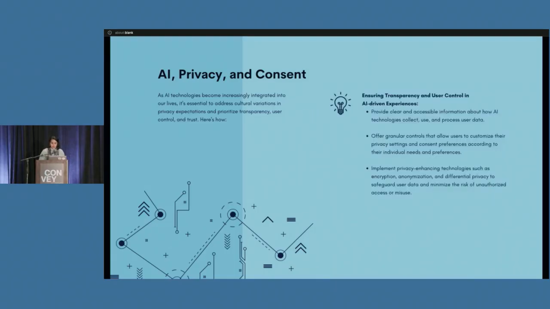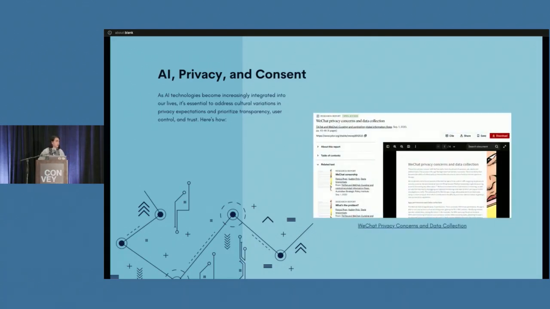So it is also essential to implement privacy-enhancing technologies like encryption, to minimize the risk of unauthorized access. I can speak for my own country, when it comes to the way that they overview social network interactions, it's very important to consider anonymization, making sure that this data is private and nobody can access it.